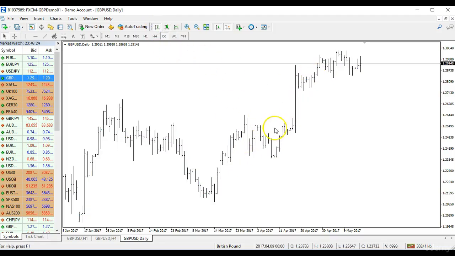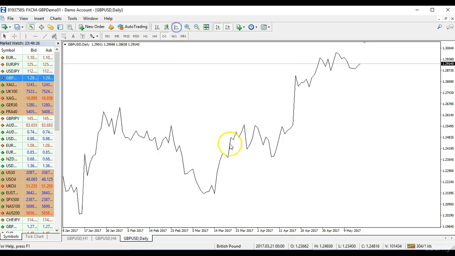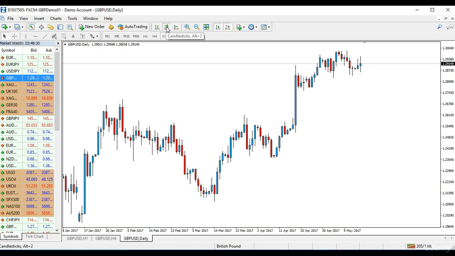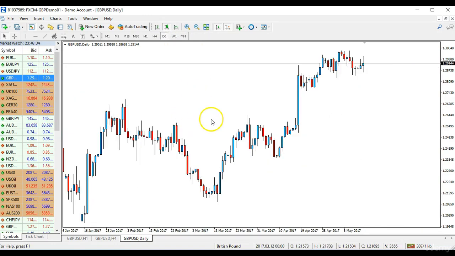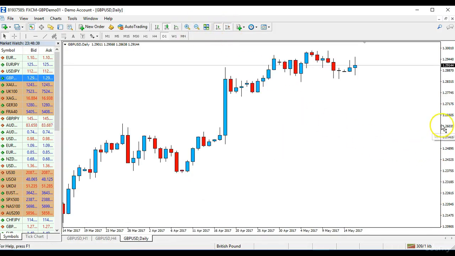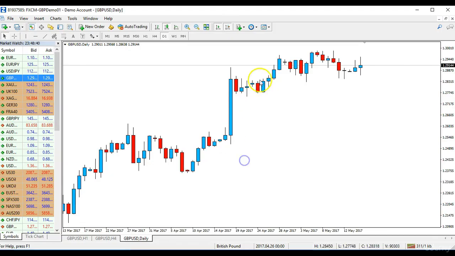That gives you bars. You can click this, which gives you a line, and you can click this, which gives you candlesticks. I use candlesticks because I just find that candlesticks are the easiest and most efficient way to understand what's going on in the market.